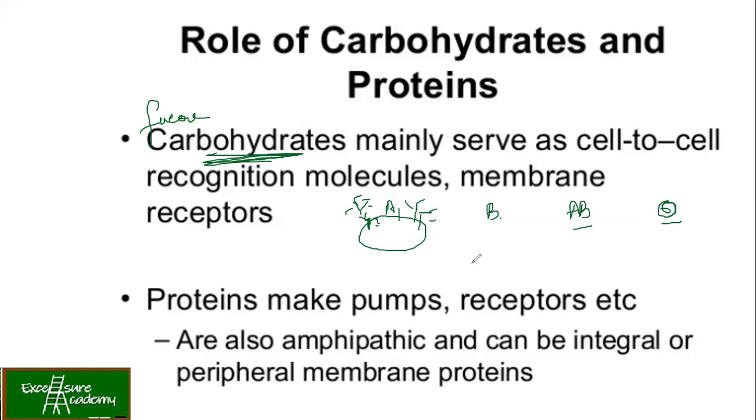Okay. Now, which does not have these as antigens A and B, then it is your O. When the cell is having both of these kinds of sugar, then it is AB. Correct? So these carbohydrates will be recognized by the antibodies. Antibodies के पास क्या है? वहाँ पे protein.